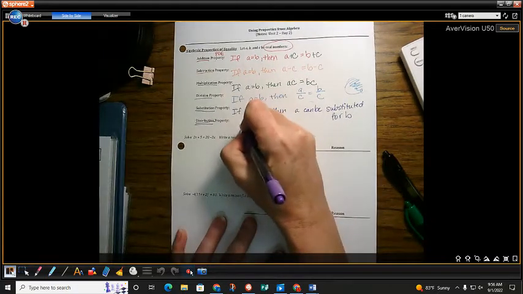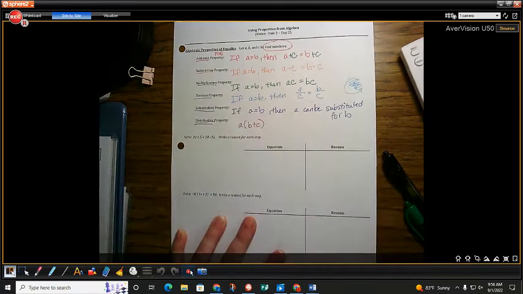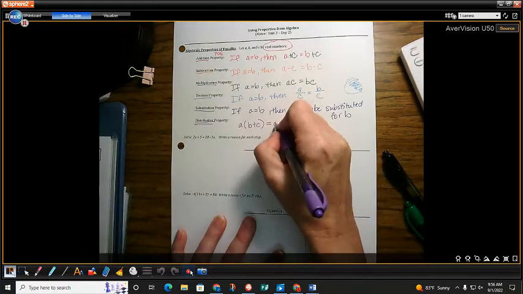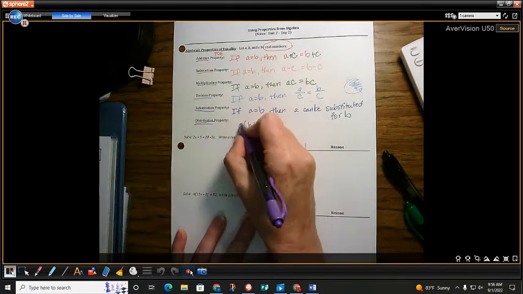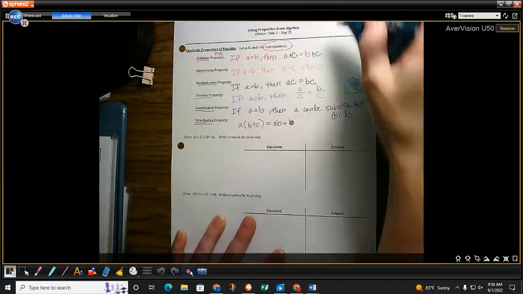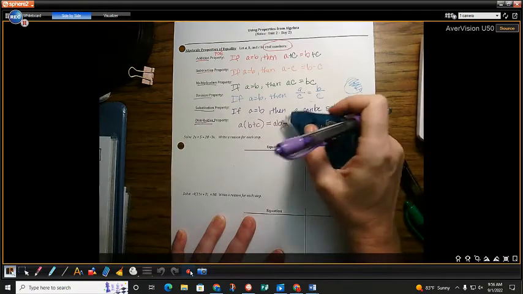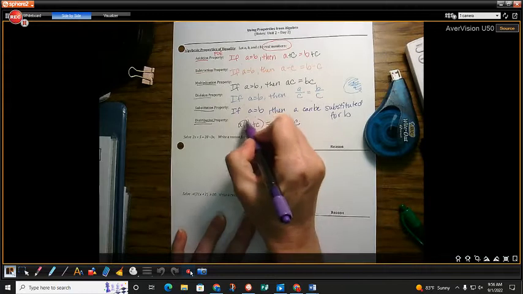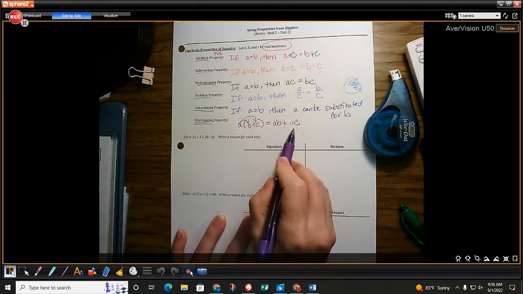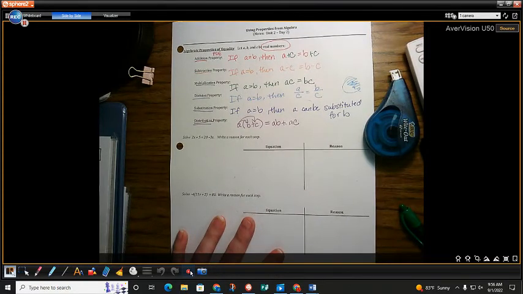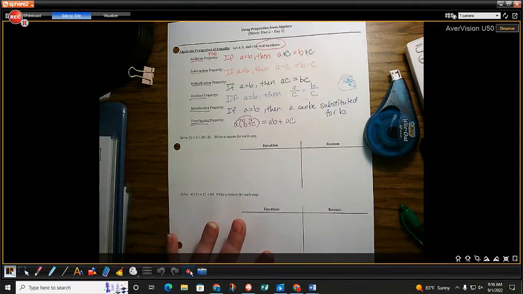So if you have something that looks like this, the distributive property says that's the same thing as if you multiplied the A times the B, and then A times C. So multiplying both things individually is equal to having it on the outside. Basically, you can distribute and it's still equal.